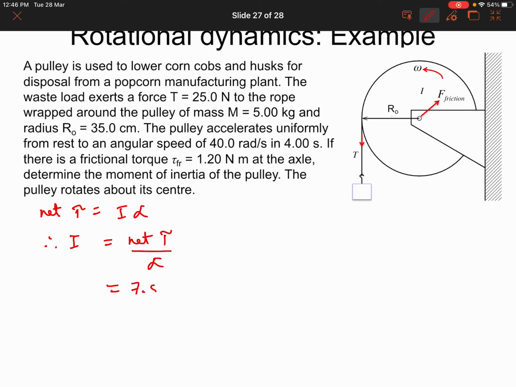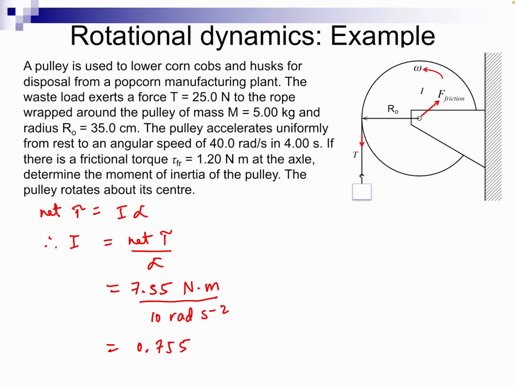Net torque was 7.55 newton meters divided by 10 radians per second squared, which gives 0.755 kilogram meter squared.